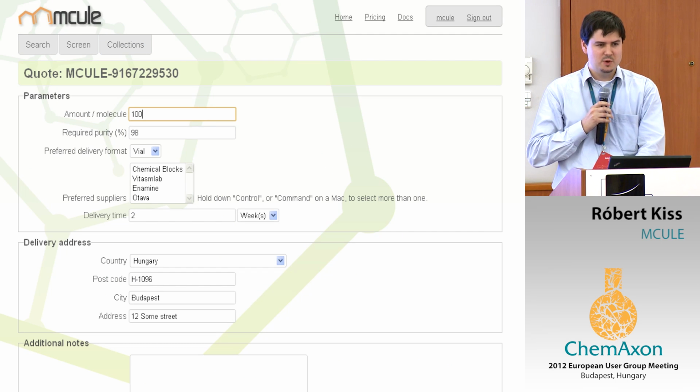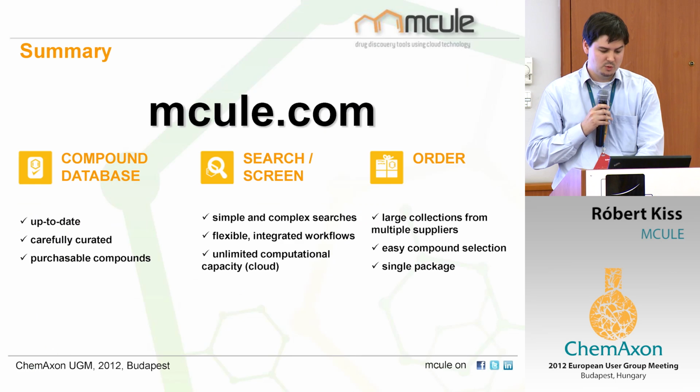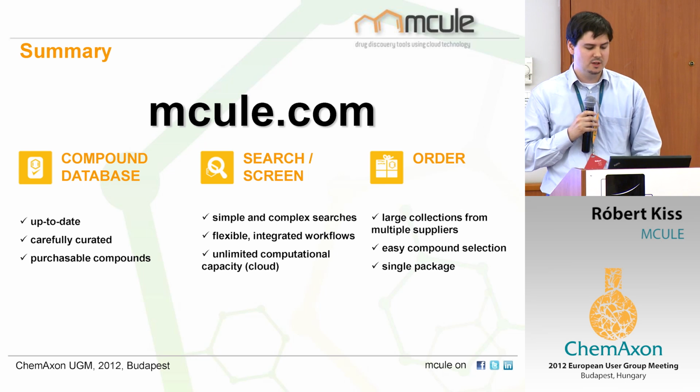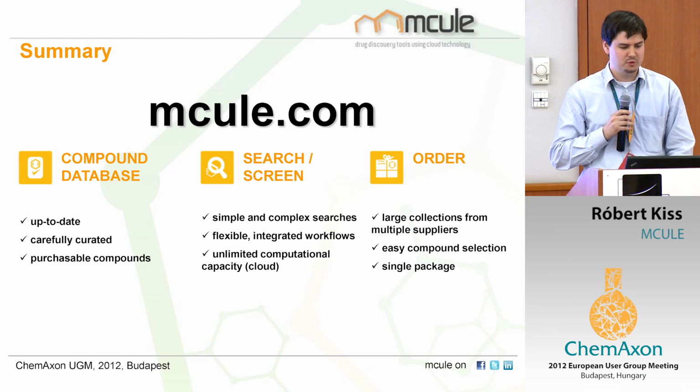And if you click on the orange button, which says quote, then you can order the actual compounds by filling out a form, which is typically a very painful part of the whole process. We will try to do the compound procurement as well, so you can focus on the science.